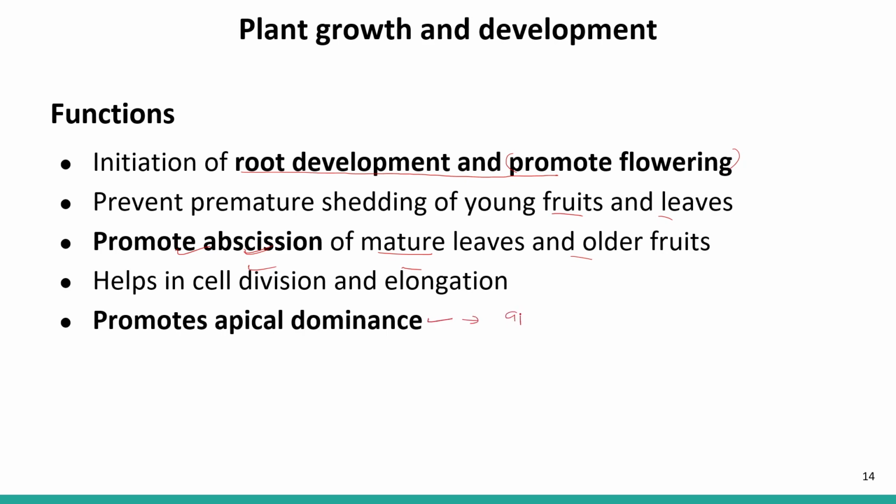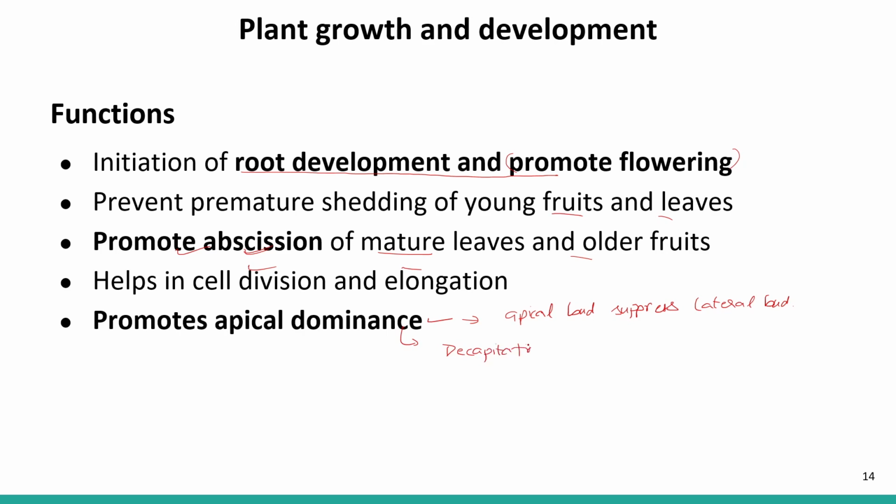When the apical bud suppresses the lateral bud, or you can say the lateral growth, this is known as apical dominance. There is a term known as decapitation.